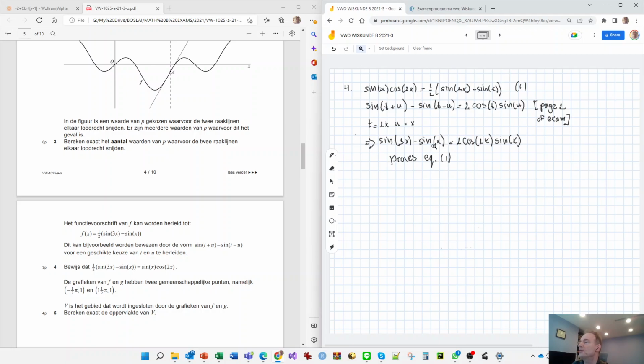So I get this, and this is immediately already, with the need to divide by 2, but this is already obvious enough that equation 1 is shown to be true.